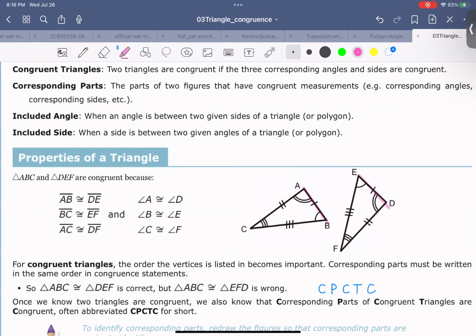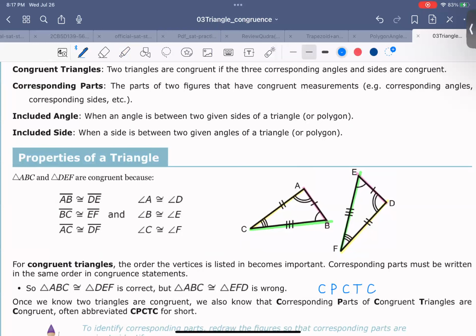Next, line BC is congruent to line EF. Line AC is congruent to line DF. Angle A is congruent to angle D.